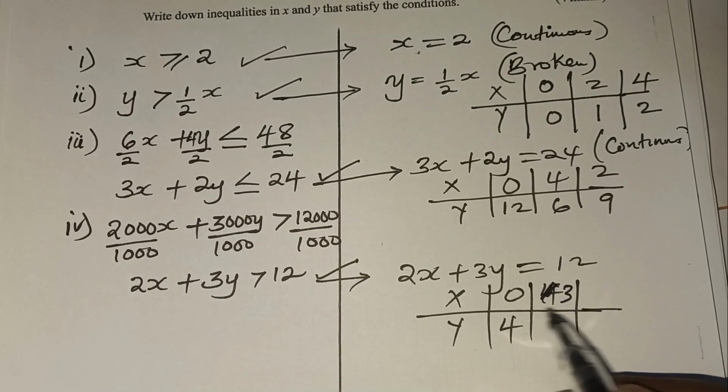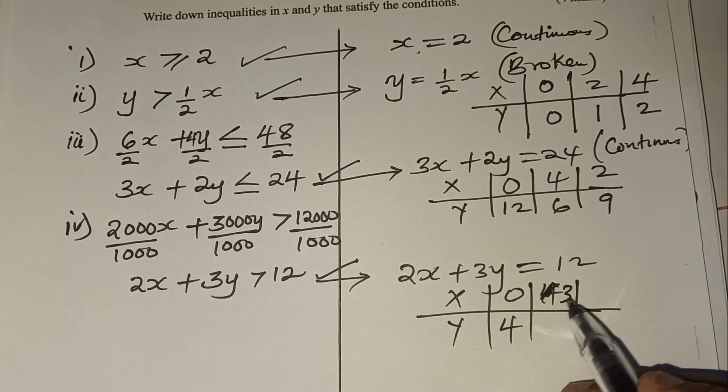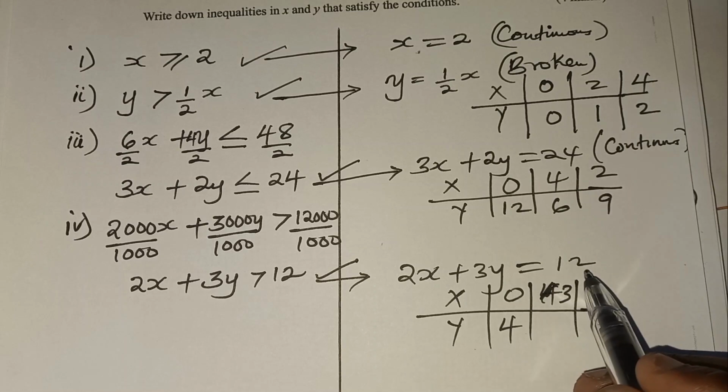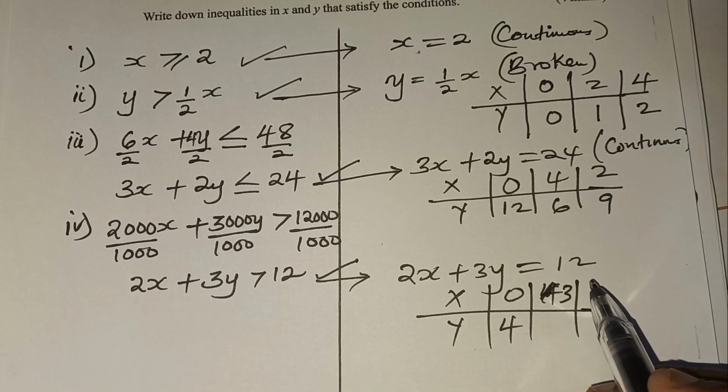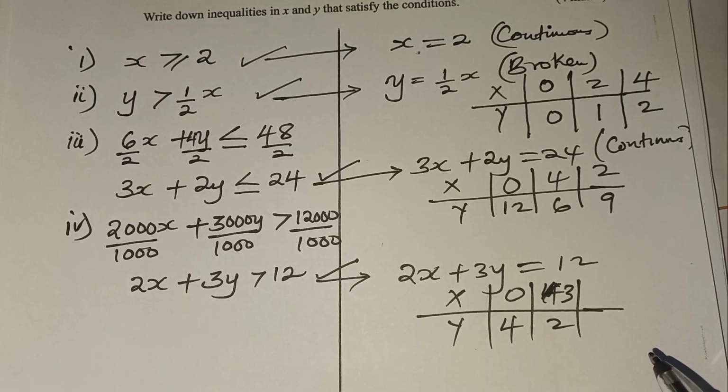When x is 3, you need at least just 2 points. That one is good for confirmation. So when x is 3, we have this is 6. This will be 2. I think those ones are enough.